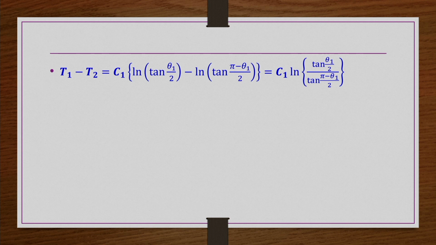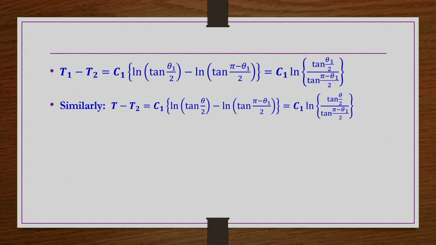Now, similarly, if you want to write T minus T2, what you have to do is replace theta 1 by theta. T is the temperature at an unknown theta, T1 is the temperature at some known theta 1, and T2 is the temperature at some known angle pi minus theta 1, fine.